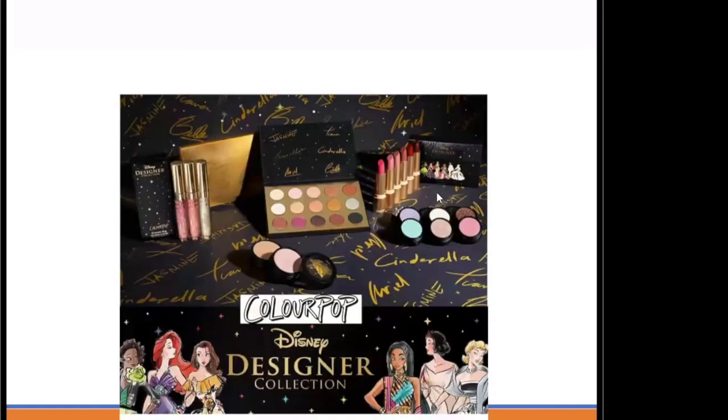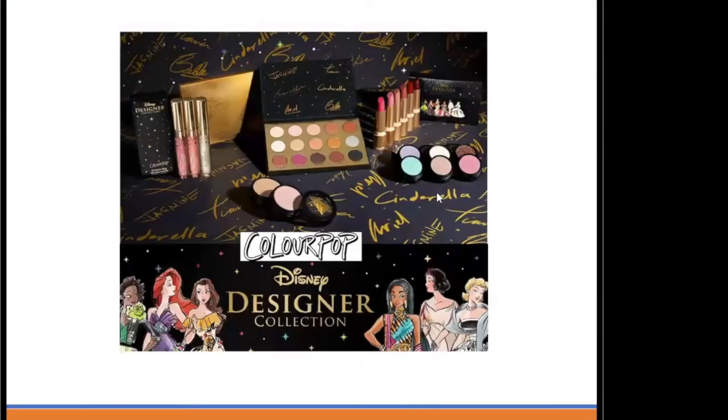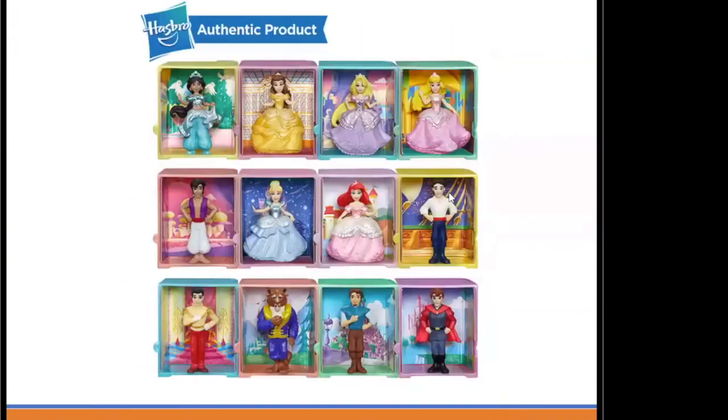So like we have given several examples. So these are just by the way, right? Disney licenses the Disney princess characters to ColourPop to manufacture makeup for a particular kind of age group. However, we know that makeup is universal, so you'll see a lot of people patronizing it. And then we can also talk about Hasbro, which Elikem has so conveniently shared with us, who also obtain licenses from companies like Disney to be able to manufacture all the toys and action figures that we see.